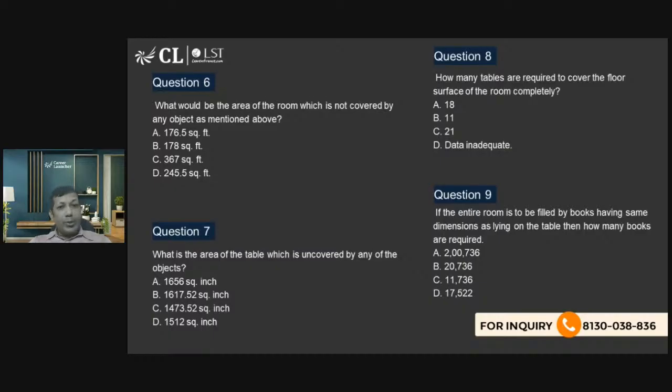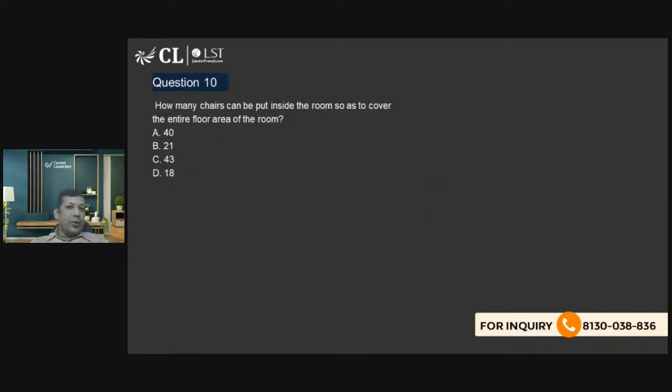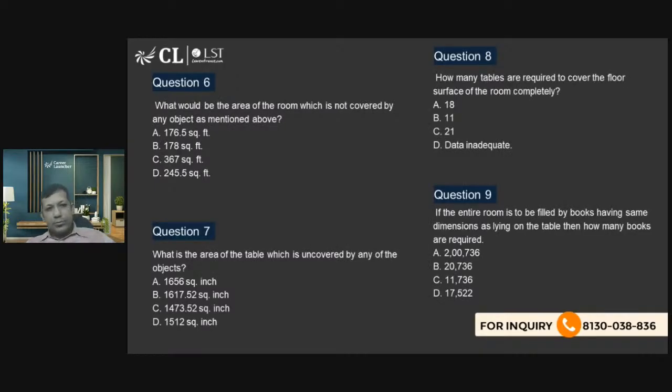The first question is what would be the area that is not covered? Okay. What is the area of the table which is uncovered? Okay. How many tables are required to cover the entire floor? The entire room is filled with books having the same dimension as lying on the table. Then how many books? How many chairs can be put inside the room so that it covers the entire area? Okay. So this is what we have in total. Now pick any question that you like and start.